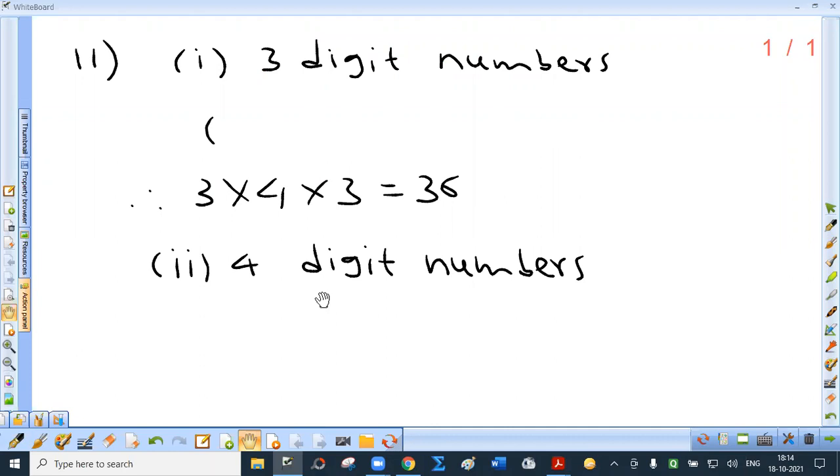I'll repeat this part. Here, thousands place can be filled in 5, comma, hundreds place in 4, not 3, hundreds place in 4, comma, tens place in 3, and units place in 2 ways.